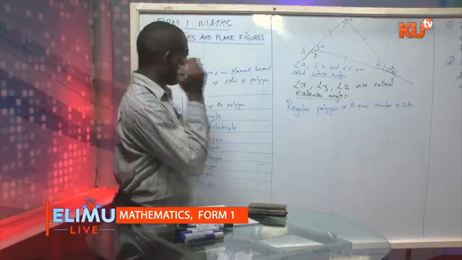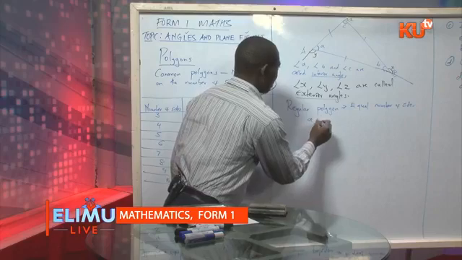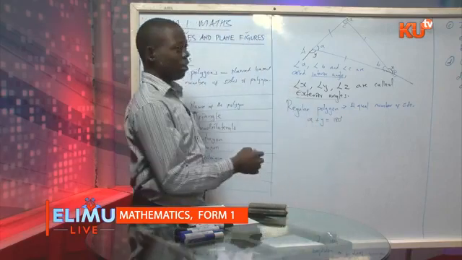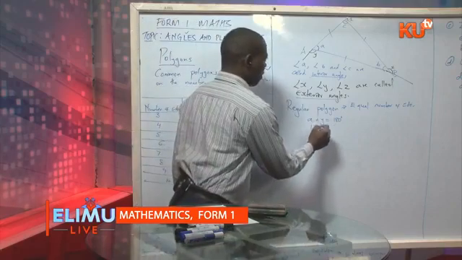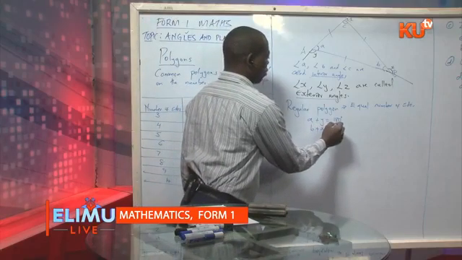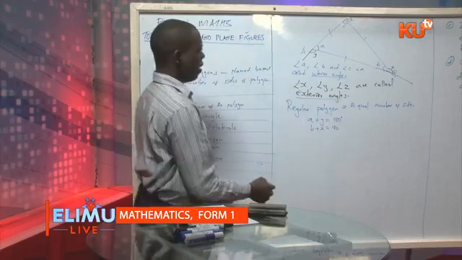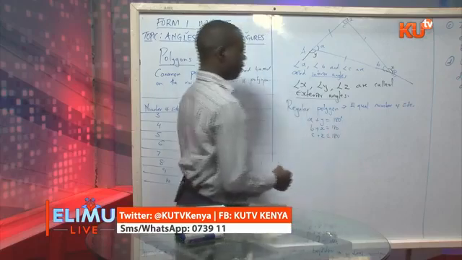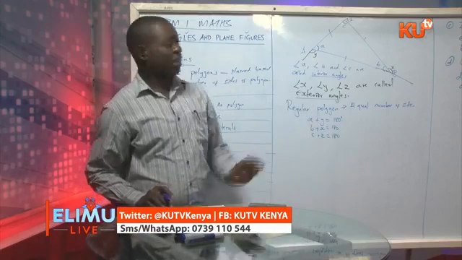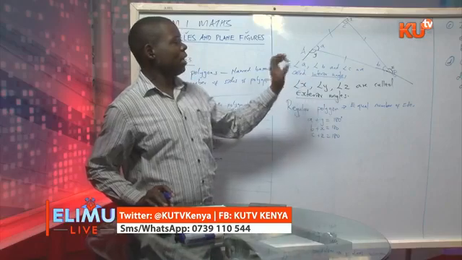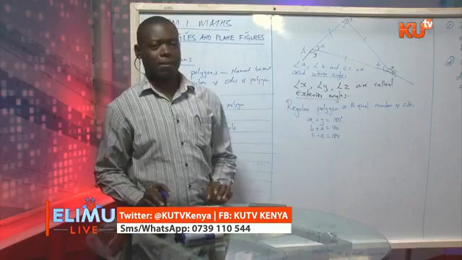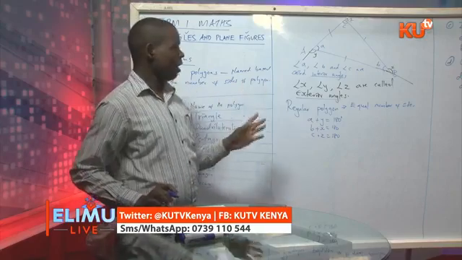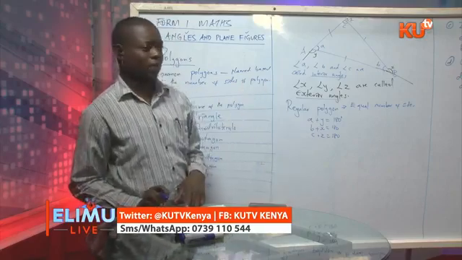So it means that angle A plus angle Y is 180 degrees. Equally, angle B plus angle X is 180 degrees. Angle C plus angle Z is 180 degrees. This is based on the numbering of A, B, C and X, Y, and Z. But in terms of interior and exterior, how do we explain these two cases?